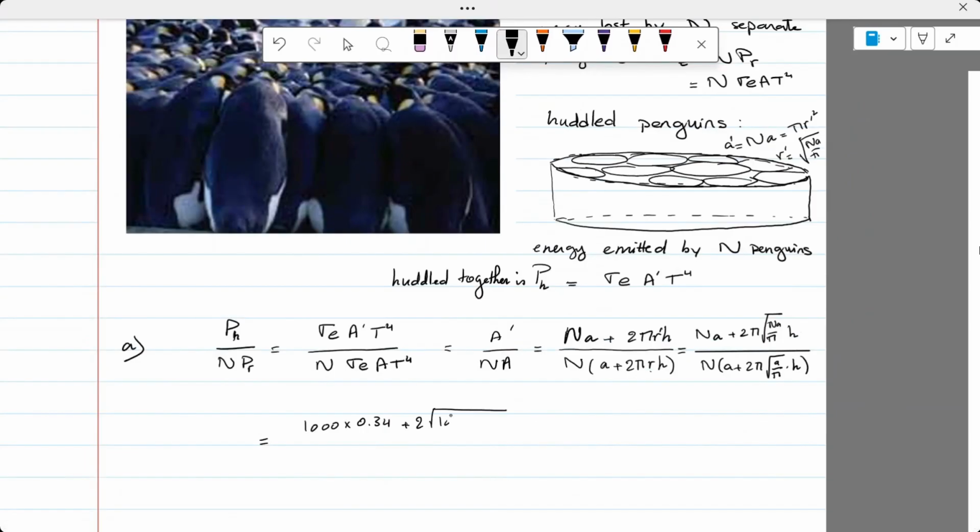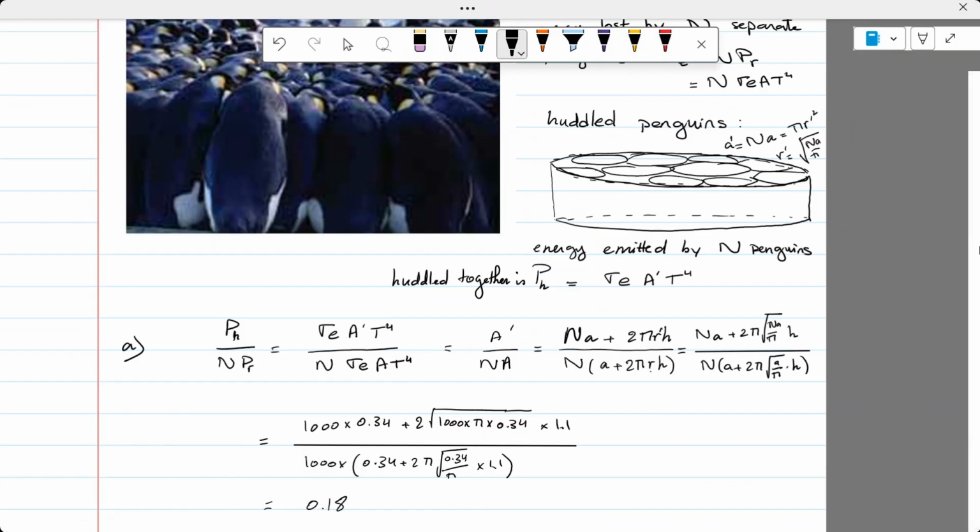I will have 1000 times pi times 0.34 times 1.1 over 1000 times 0.34 plus 2 pi radical 0.34 over pi times 1.1. So you can find the ratio. I think it was 0.18. I'm not very sure. Something like that.